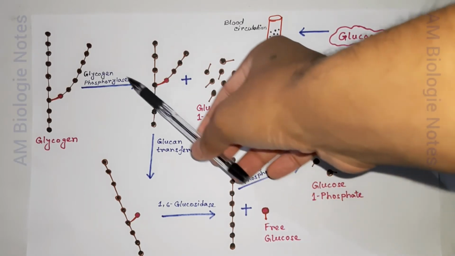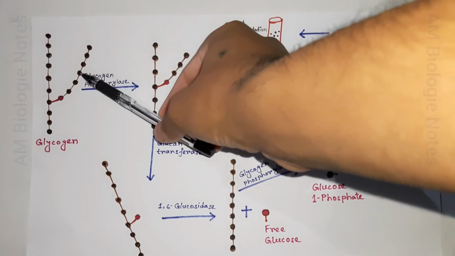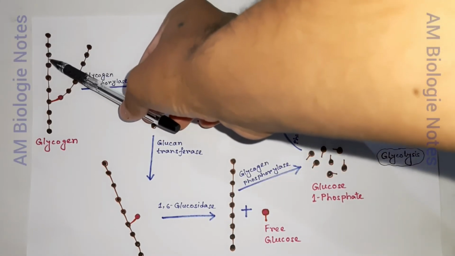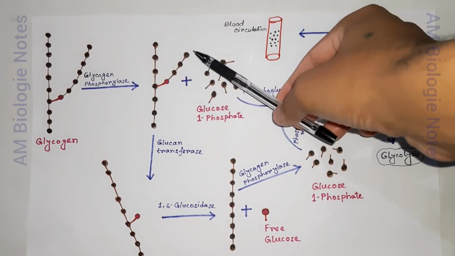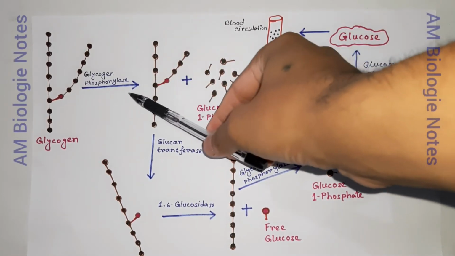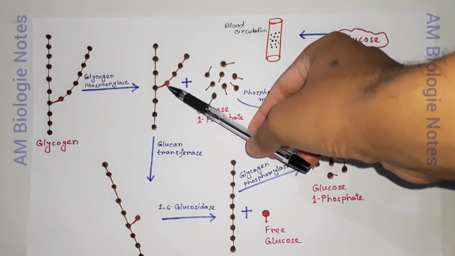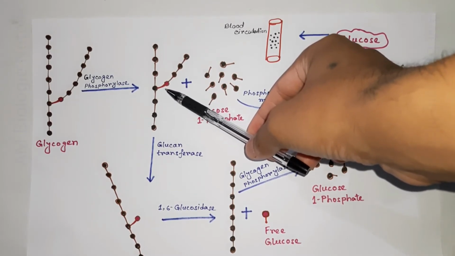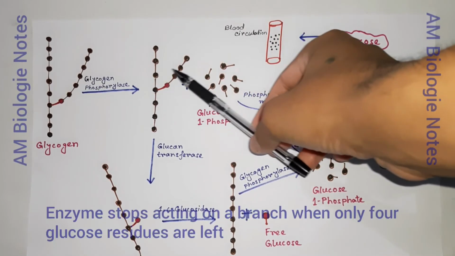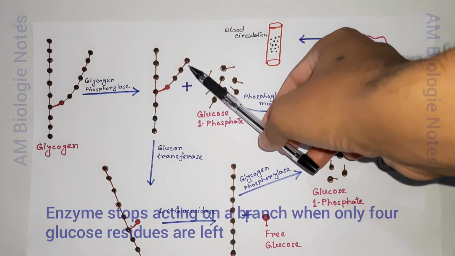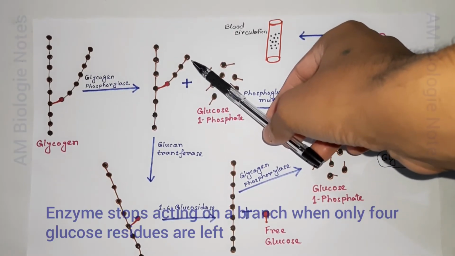The repeated action of phosphorylase on successive alpha 1,4 bonds in a branch of the glycogen molecule progressively shortens that branch. But the enzyme cannot cleave alpha 1,6 glycosidic bonds at the branching points of glycogen chains. So, the enzyme stops acting on a branch when only 4 glucose residues are left.